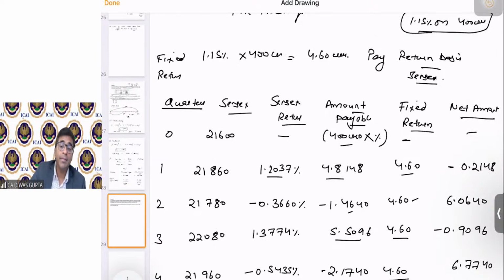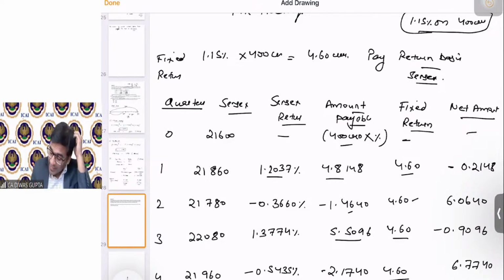Okay, the reason being this return of the Sensex is indexed to how the Sensex moves. Correct? Hence, we have to just first calculate what is the return in the Sensex, right? That we can easily calculate between the closing value minus the opening value divided by the opening value, right? This is how we calculate the movement. And that we can just simply multiply with the amount payable.